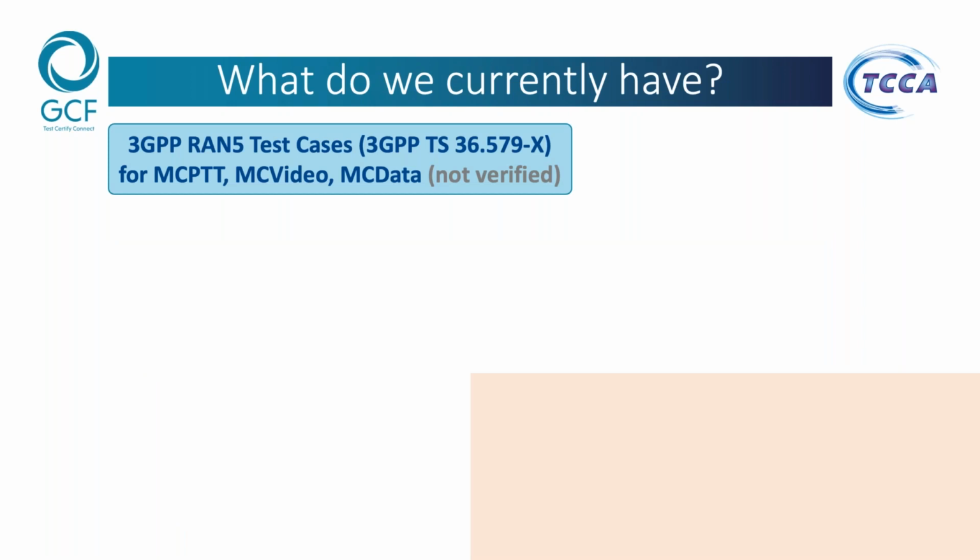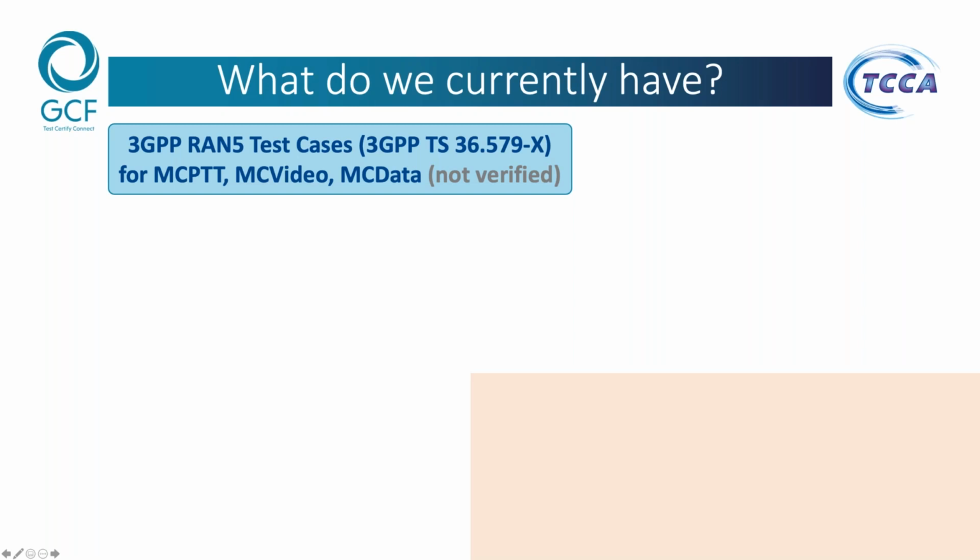So what do we currently have in terms of mission-critical testing and certification? 3GPP Working Group RAN5 has written some conformance test cases. They are available in a 3GPP specification called TS 36.579, and there are several parts of it.